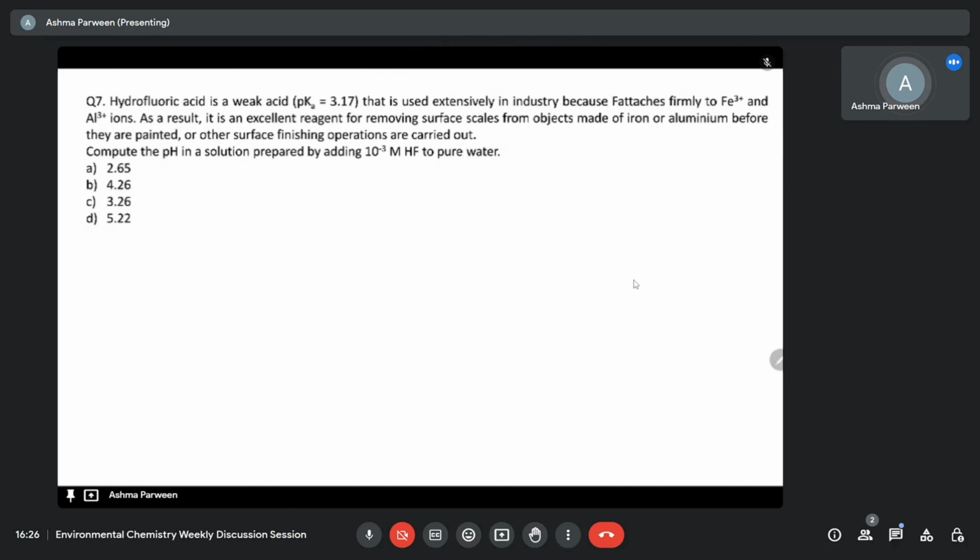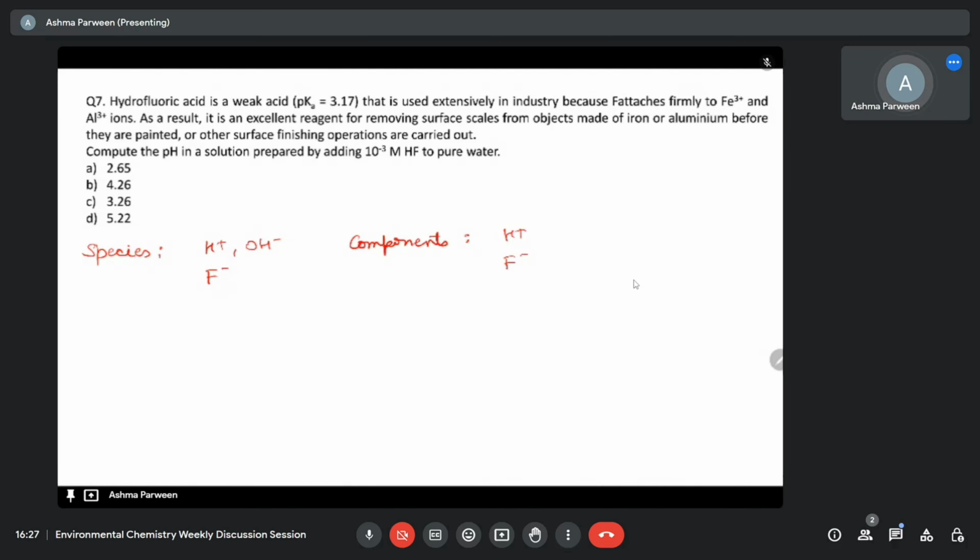So let's write what are the species here. Species will be H plus, OH minus, and we are adding HF to pure water, so F minus. And we will have components. The components are H plus and F minus. We can prepare the table for this.